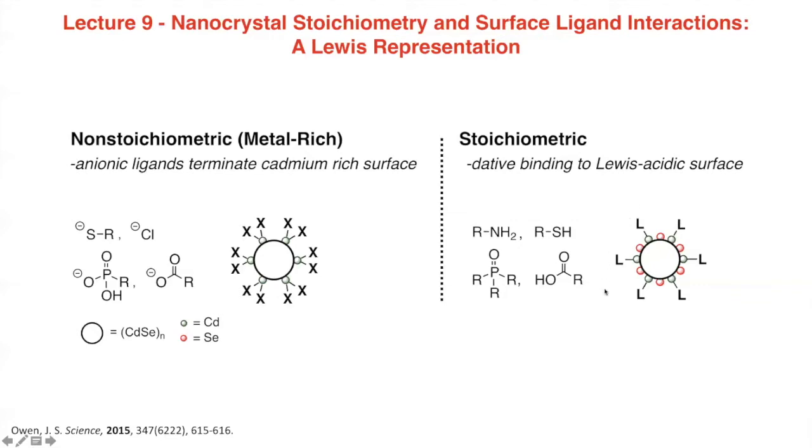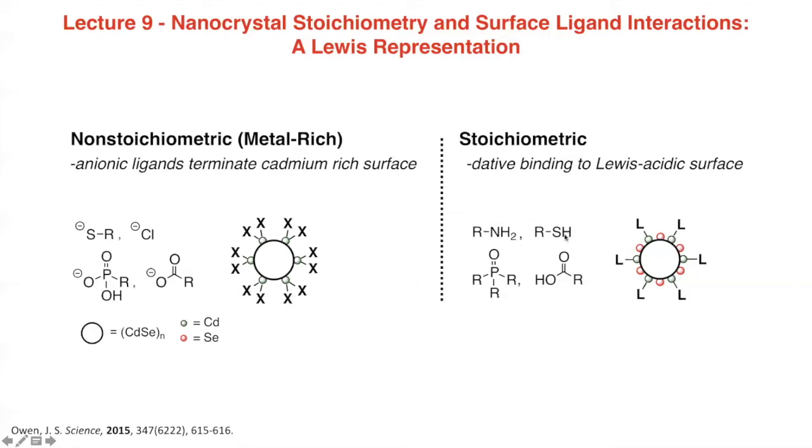So this is an alternative to the model I talked about previously, which is the neutral crystal and neutral ligand picture. Here we have a stoichiometric piece of cadmium selenide, an equal number of cadmiums and seleniums displayed on its surface, overall a neutral object in the center, and then each of the ligands surrounding it are neutral ligands, denoted by an L in this case.